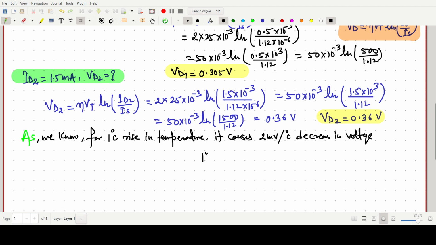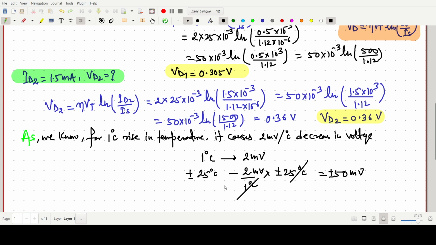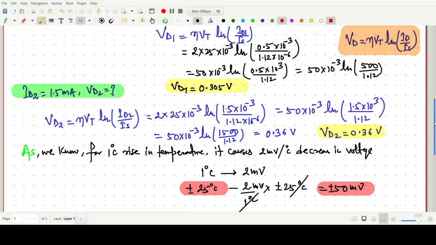Or one can write, for 1 degree centigrade change, the voltage change will be 2 millivolt. So for plus minus 25 degree centigrade, the voltage change will be 2 millivolt per degree centigrade into plus or minus 25 degree centigrade, which is 50 millivolt. So for 25 degree centigrade, the possible change in the VD will be plus or minus 50 millivolt.